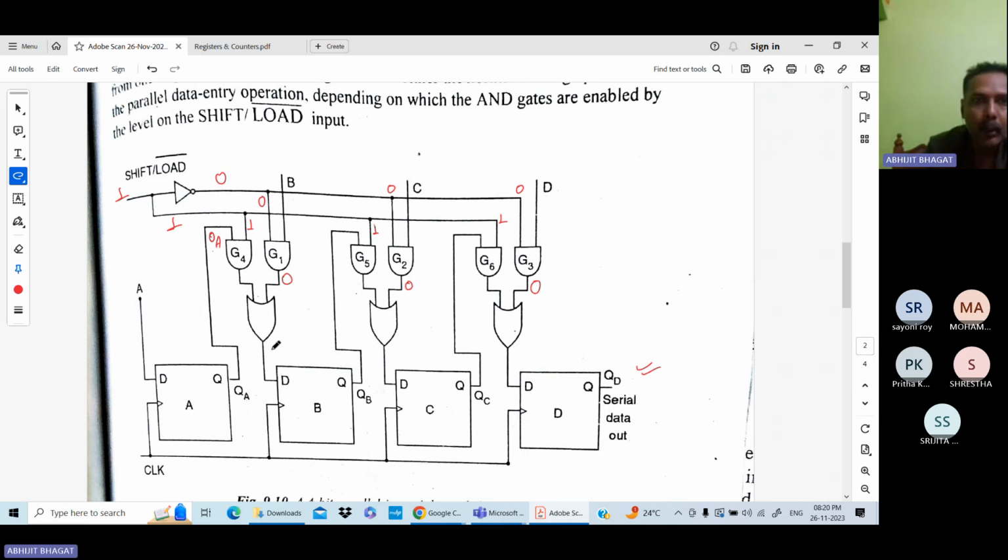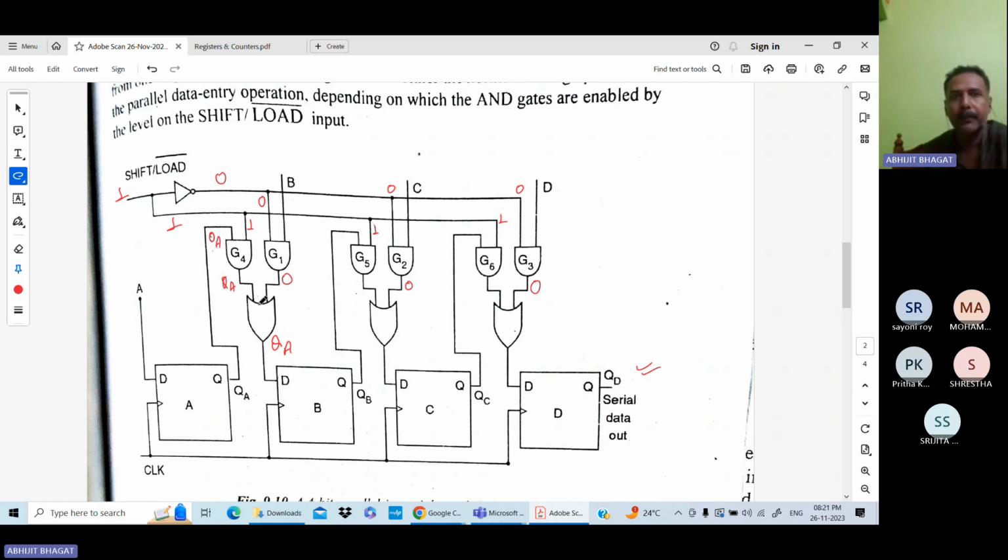So here the output of the OR gate is what? QA. Clear or not? 0 plus QA. Here input is QA. So 1 into QA. Here it is QA. माने अगर QA 0 रहेगा तो यहाँ 0, QA 1 रहेगा तो यहाँ 1.